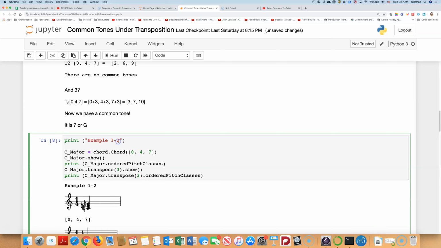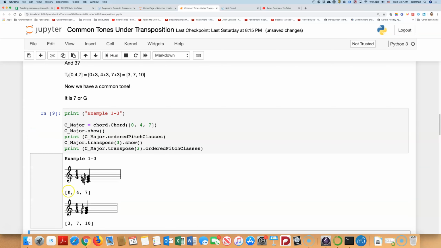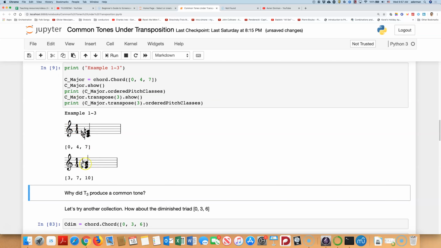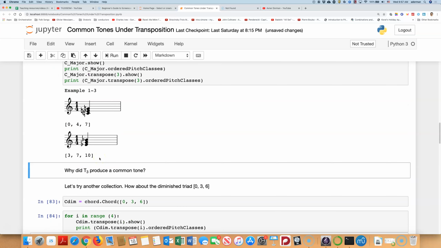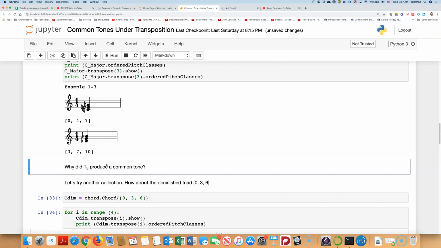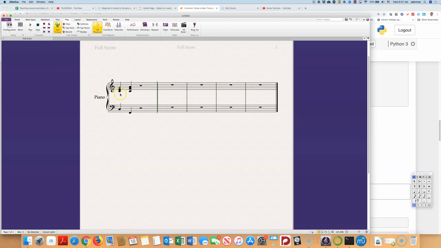This should be example 1-3. Let's run it again. Our original chord is C-E-G, and a 3 half steps transposition of C-E-G is E-flat, G, B-flat. That did produce a common tone under T3. And our question is why? And also how can we generalize it?